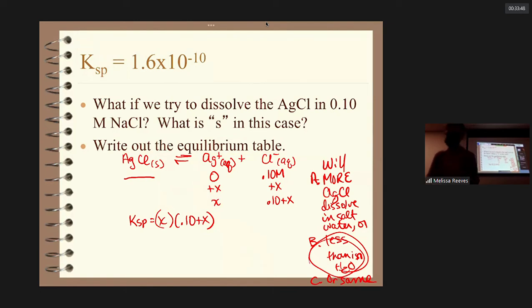Let's work the problem now. So Ksp is 1.6 times 10 to the minus 10. And that's going to be equal to x times (0.10 plus x). But my Ksp is small. I expect x to be small. So I'm going to approximate, and I'm going to say that's x times 0.10.